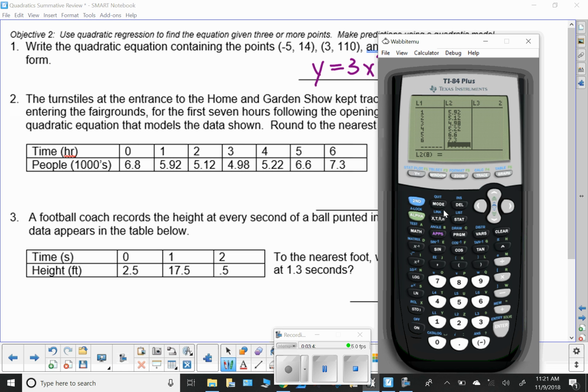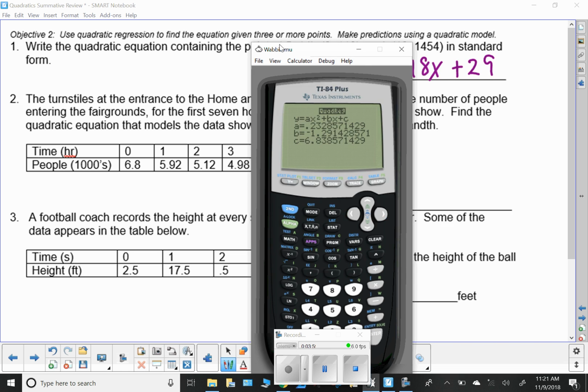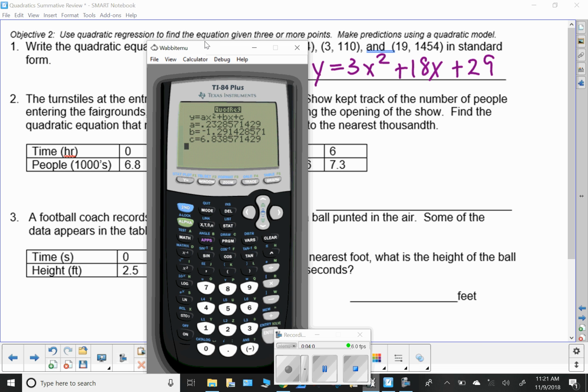To get the equation, Stat, Calculate. Again, I'm going to come down to quadratic, because we were already told the curve of best fit is quadratic. X's are in list 1, Y's are in list 2, and I calculate, and there's my answer. Let's pull this over here. I'm going to round to the nearest thousand, so that means I have to go out 4 decimal places.